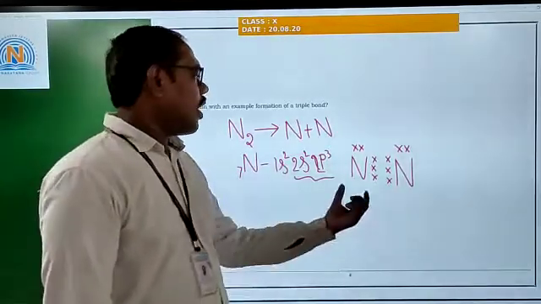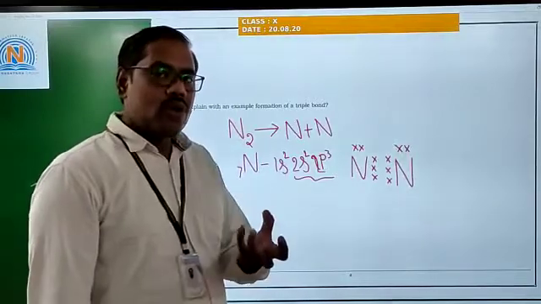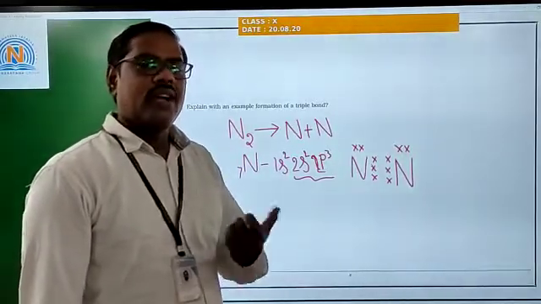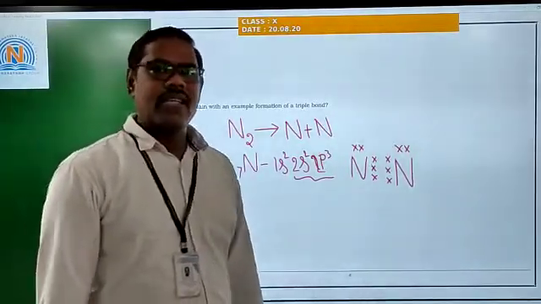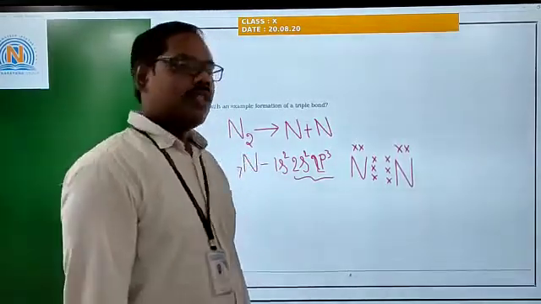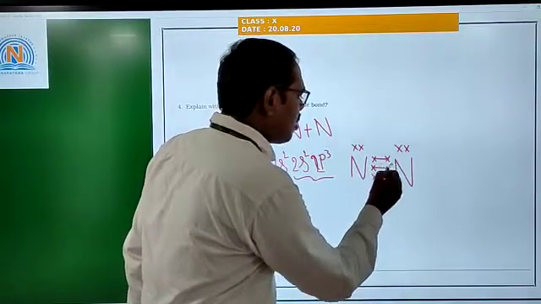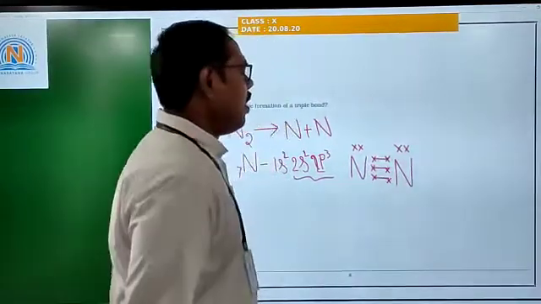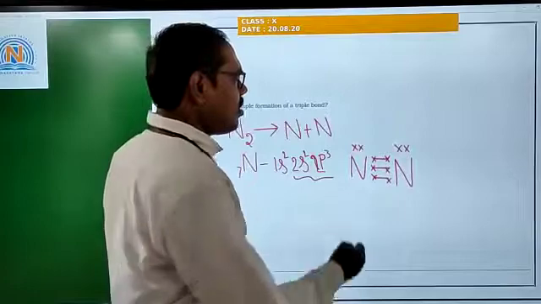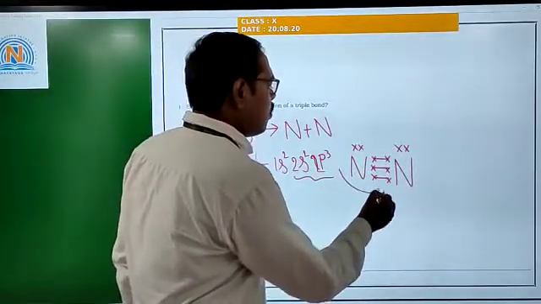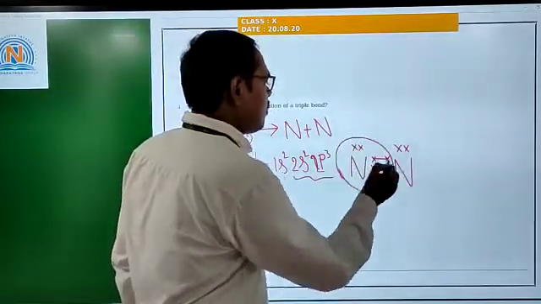So when the 2 nitrogen atoms come close to each other, each nitrogen atom contributes 3 electrons. Now these 2 electrons are paired, and likewise for each of the three pairs. Later the paired electrons are shared by the 2 nitrogen atoms.